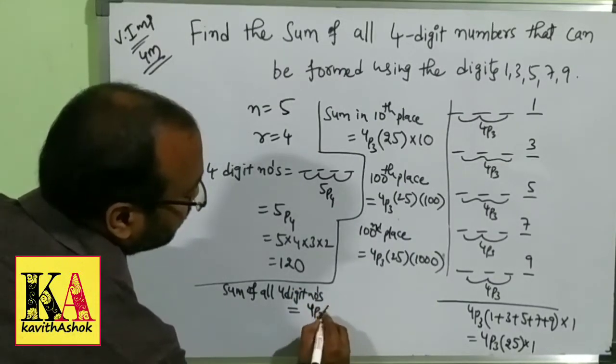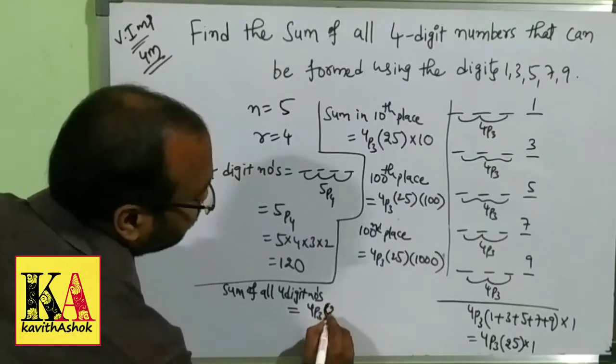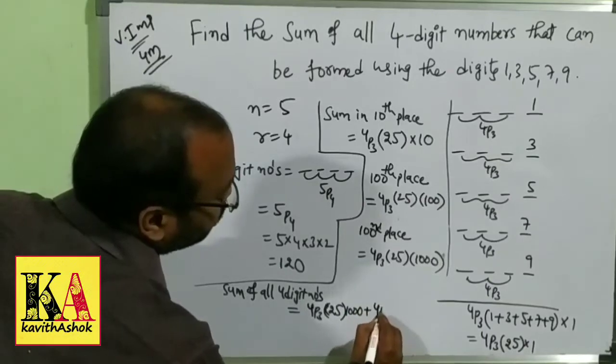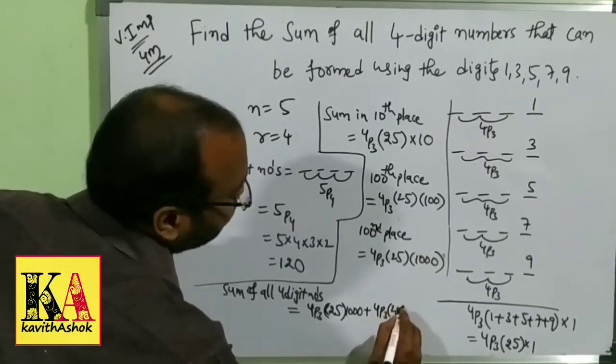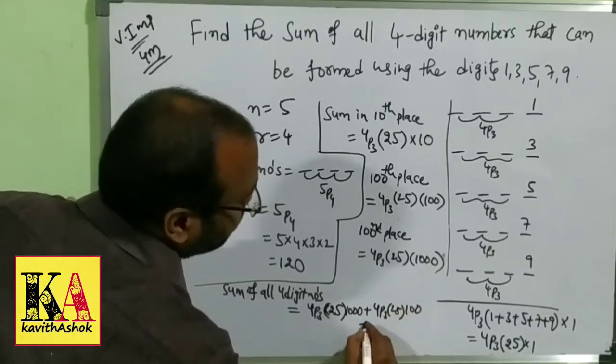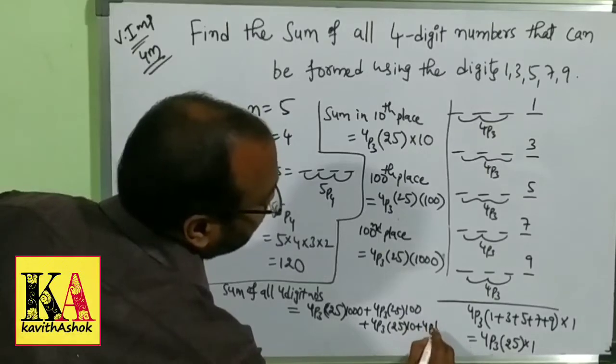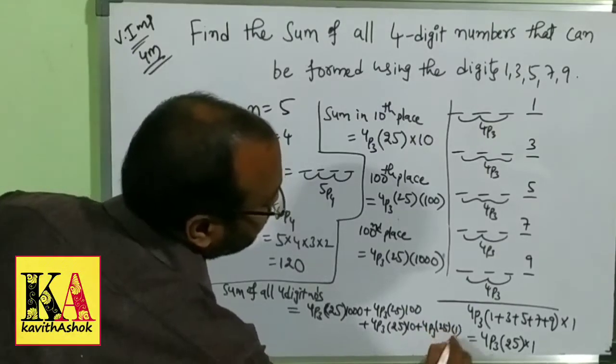4p3 into 25 into 1000 plus 4p3 into 25 into 100 plus 4p3 into 25 into 10 plus 4p3 into 25 into 1.